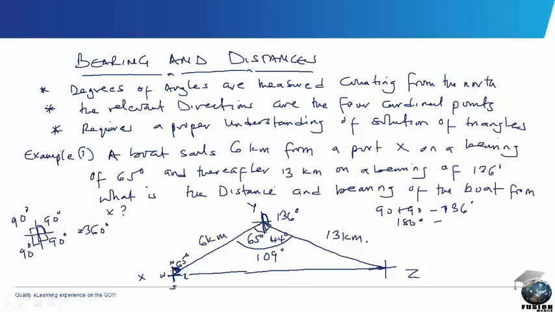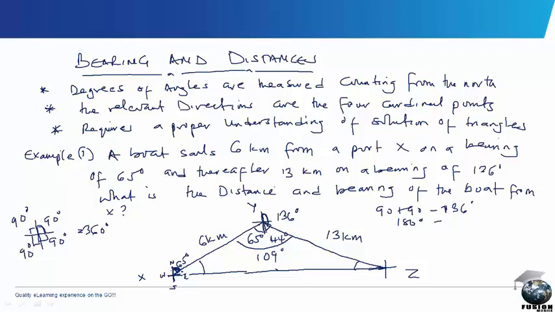So this is the pictorial depiction of the question. All we have to do is find the missing angles and the side. The first thing is to find the side, because that's the distance between x and z.